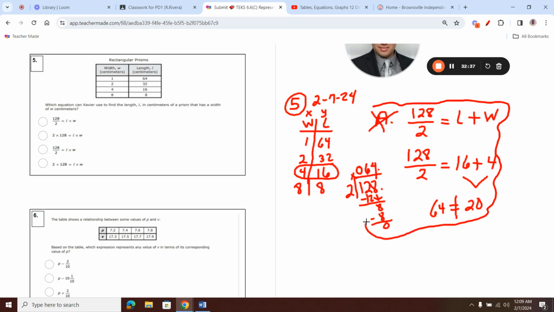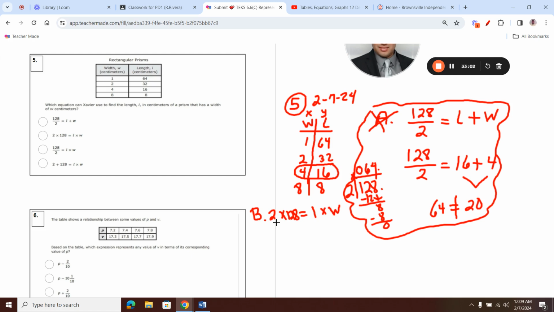I'm done with letter A. Bubble all around. Then you're going to do letter B. 2 times 128 equals length times width.